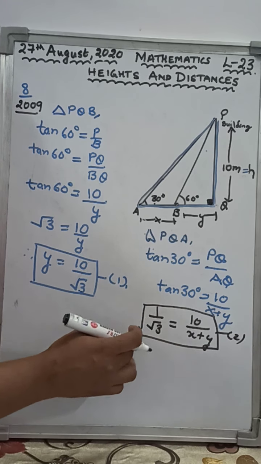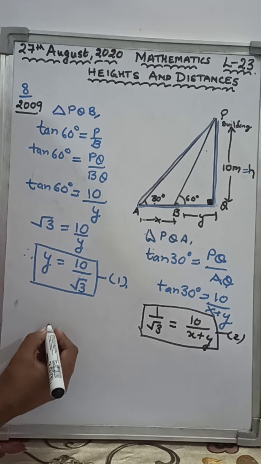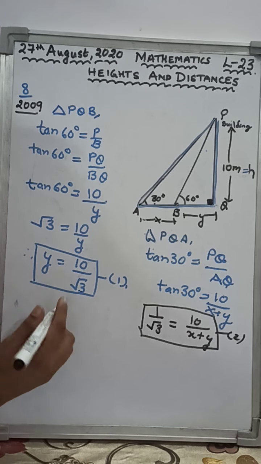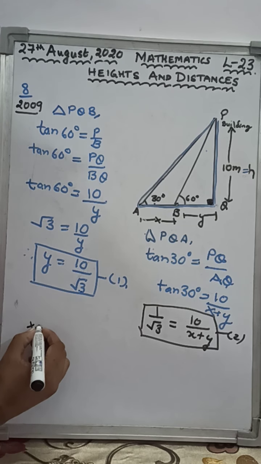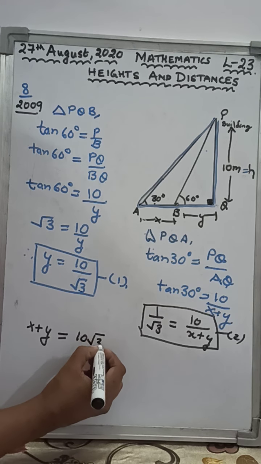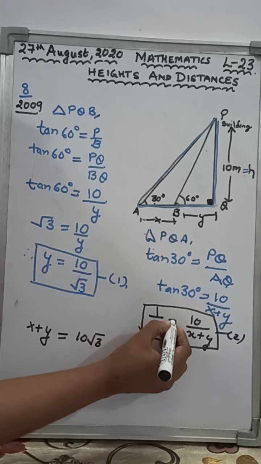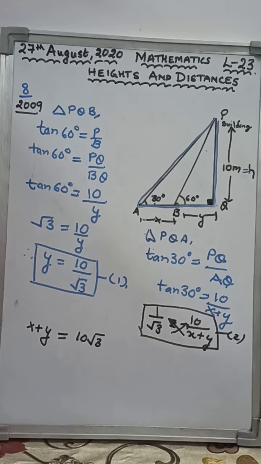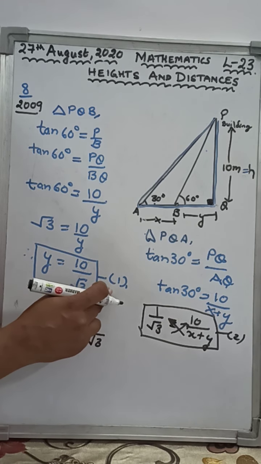Now you will cross multiply. Then you will put the value of y. So x plus y is equal to 10 root 3. We have cross multiplied. Clear? Now we will substitute the value of y from equation number 1.